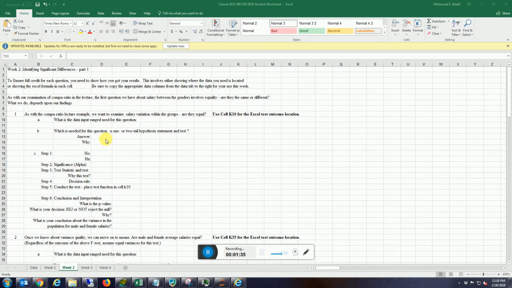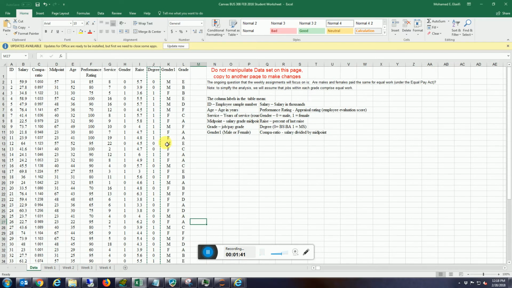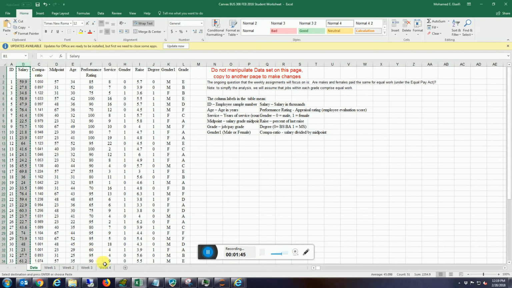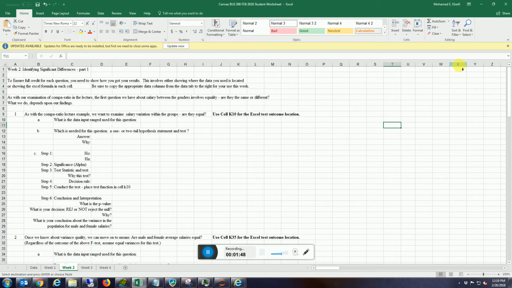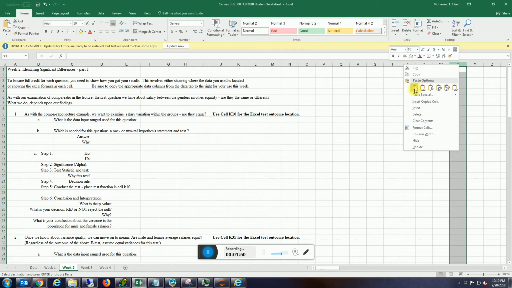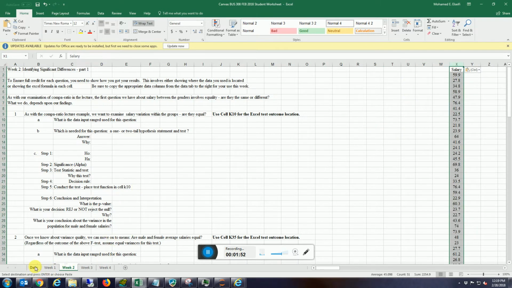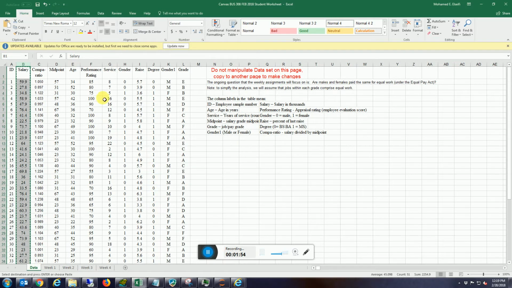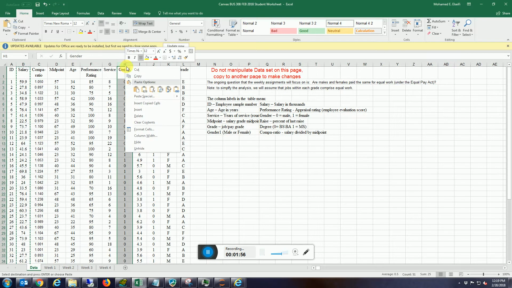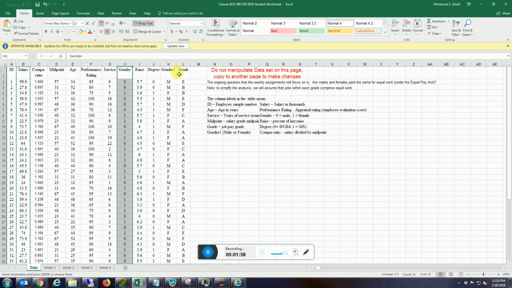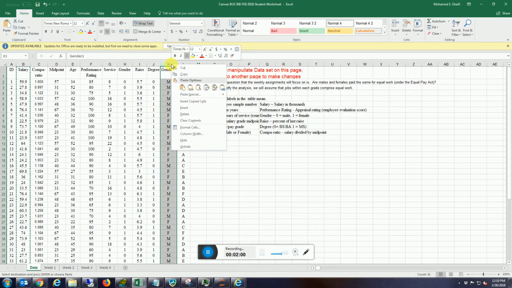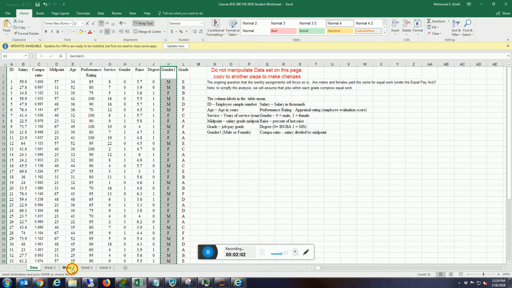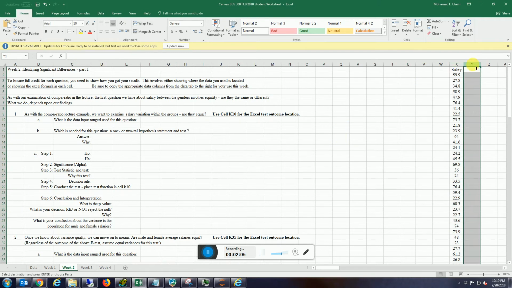So what data is needed for this question? Well, we need the salary and gender. So we'll go back to our data tab and get again the salary. Let's put it in column X. And we will need the gender, which is right here. Let's pick gender 1, so we know male and female. Let's put it here.